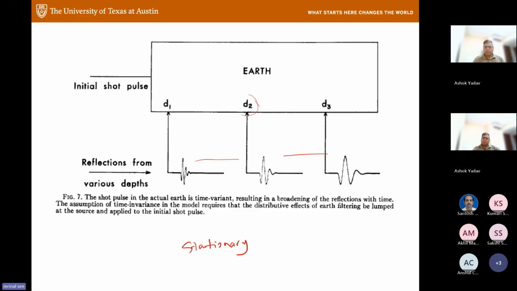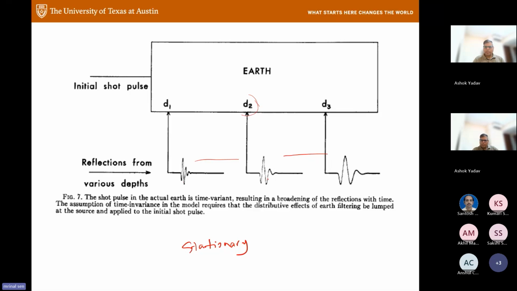So not to make our life complicated, typically we focus on a small zone within the reservoir depth or within the thickness of the reservoir plus minus something, so that we can assume safely that the pulse has not changed within that layer.